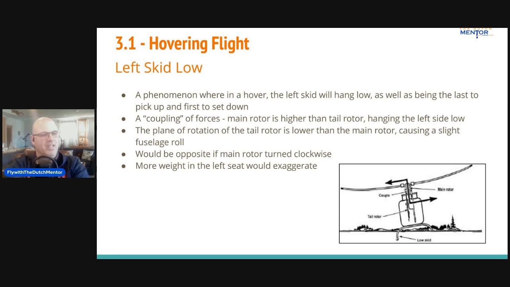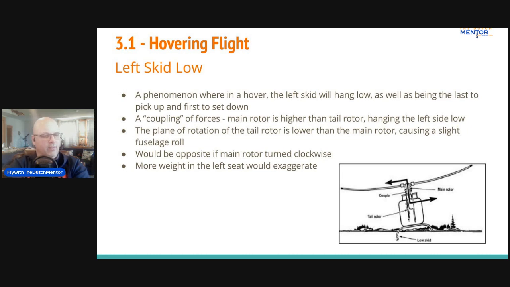The main rotor is higher than the tail rotor, and with the left side hanging low, the plane of rotation of the tail rotor is lower than the main rotor, causing a slight fuselage roll itself. It would be opposite if the main rotor turned clockwise. More weight in the left seat would exaggerate it. And that's my point: when I'm in the left seat, this can become a little bit worse.